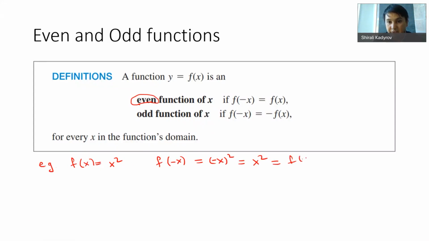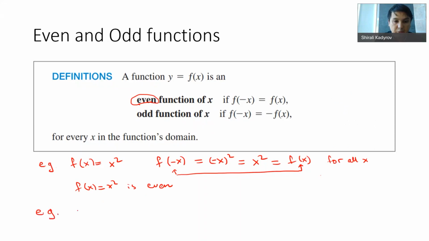This is just f of x. So you see, I managed to show that f of minus x is equal to f of x. This is true for all x in the domain. And here, if you remember, the domain was all of R. So this shows that f of x equals x squared is an even function.